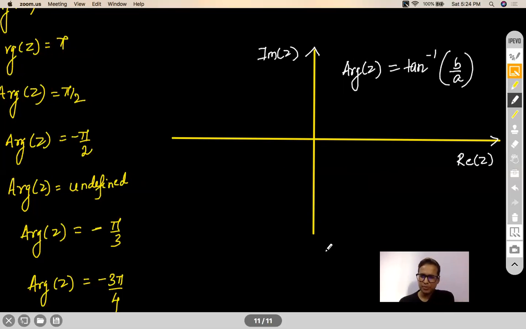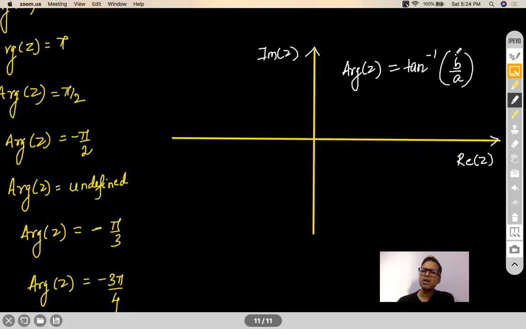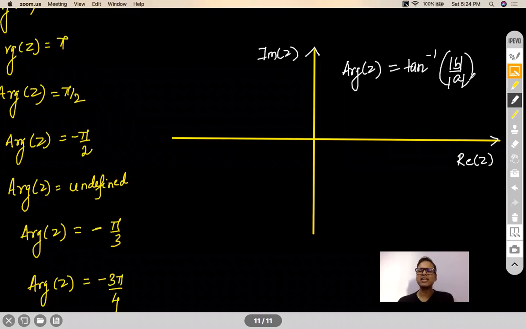Many books will say mod b by mod a. It's fine because a and b are anyways in the first quadrant, so they are positive.